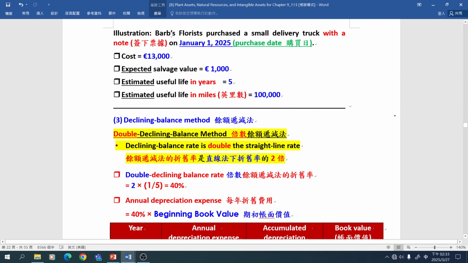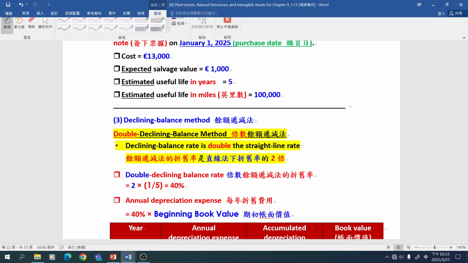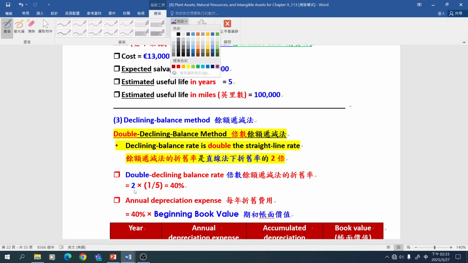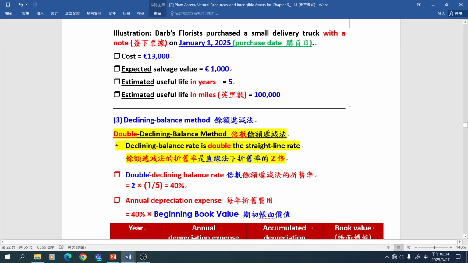After I do the math, it is 40%. So 40% means each year, your PP's value decreases 40%.